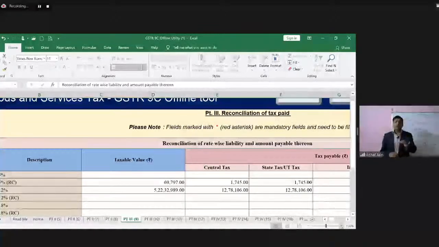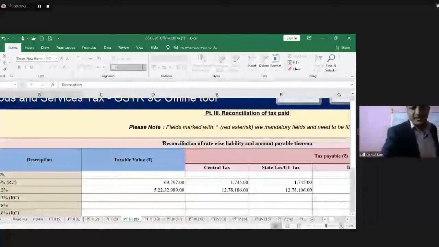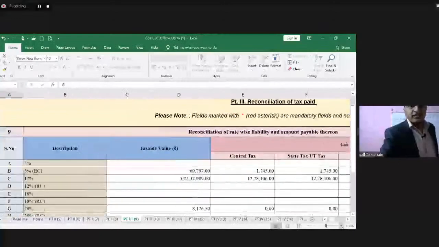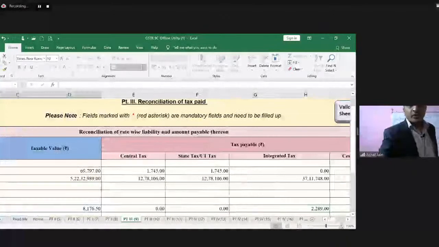Means if the turnover, let's suppose, was 5.26 crore, what is the amount of tax which will become payable on that? Okay. And this information is required to be captured rate-wise. So if you'll see on the screen, rate-wise details are required to be captured. Yeah.